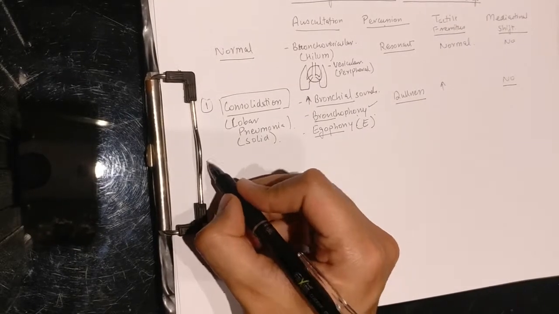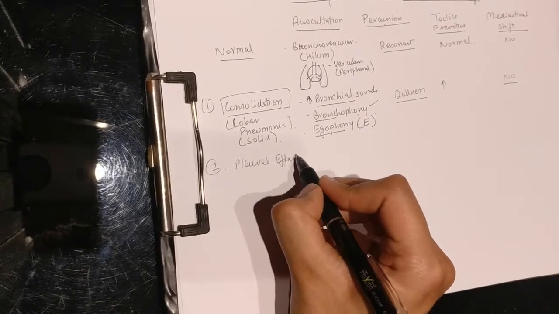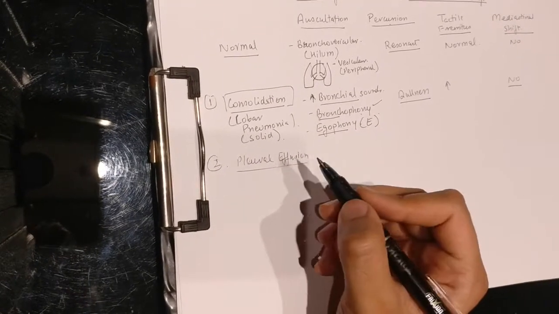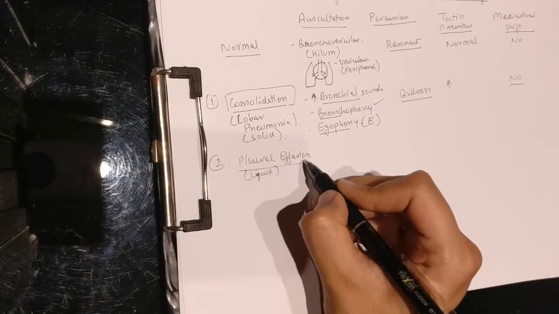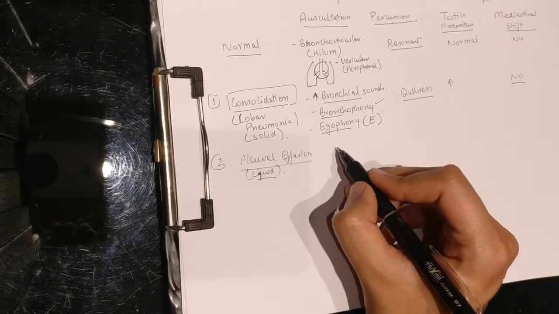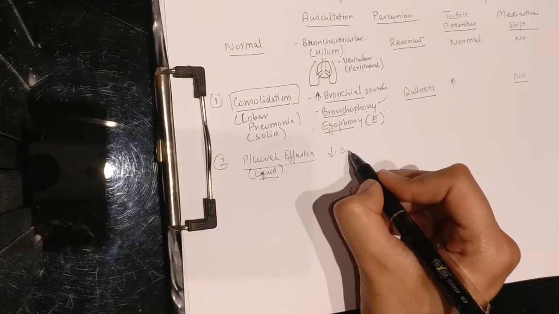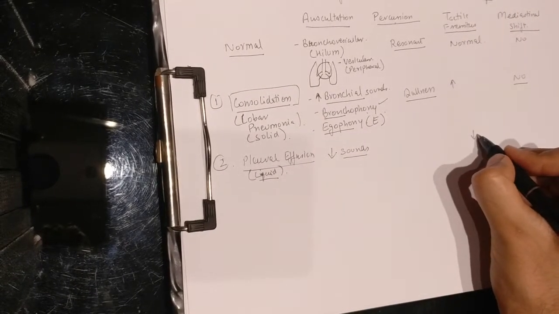Moving on to pleural effusion. Now this is, in simple language, liquid in the lung, and that too in the pleural space. So with liquids, when you auscultate, the sounds would be decreased. So naturally the tactile fremitus would be decreased.